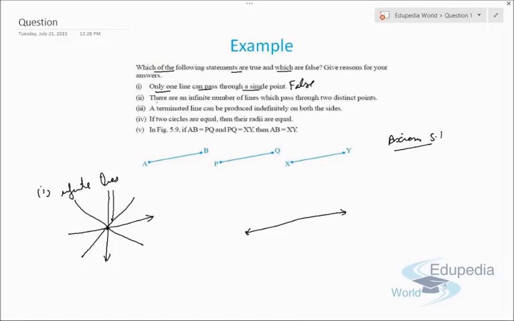So again this statement is clearly false. Why? Because it clearly mentions that there can be an infinite number of lines which pass through two distinct points. So this statement is also false.